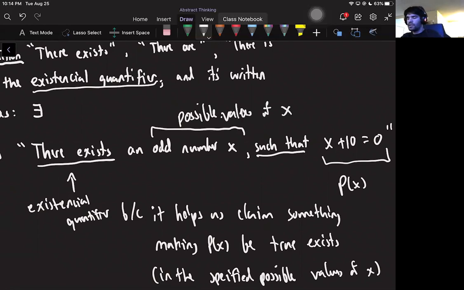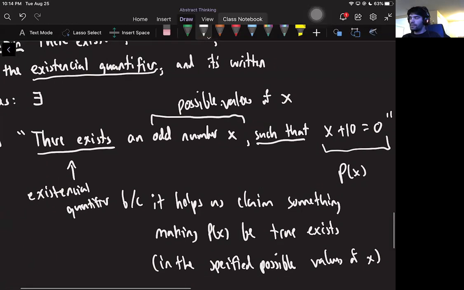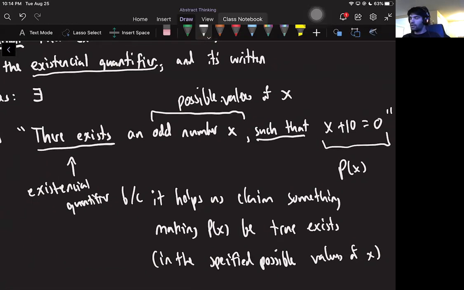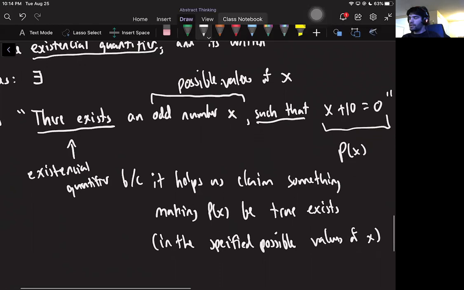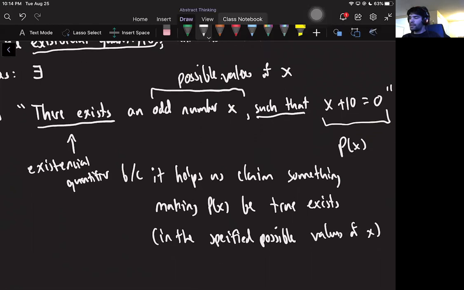So you would never just say there exists an x such that x plus 10 equals 0. If you said that, people would assume you're talking about some specific types of numbers. Instead, we want to be a little bit more careful and precise. You would say there exists, and then you would say what kinds of things you're looking into where this thing could exist. And then you're saying the property that it satisfies, the predicate.